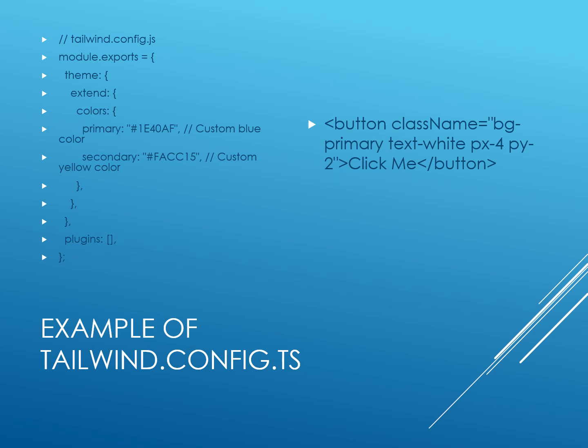So when you pass it in the button tag in your Next.js project, like bg-primary, it is set to the primary color given in your Tailwind config file, like custom blue. And when you set the secondary color, it will make it yellow.